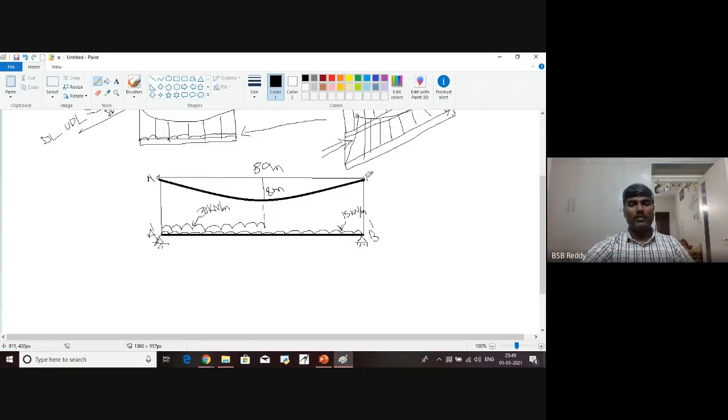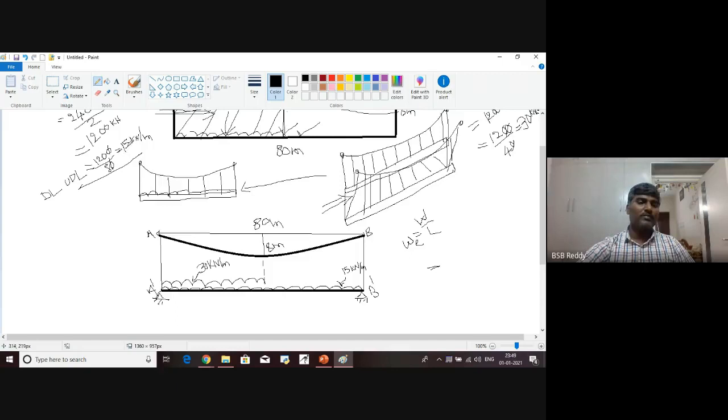As this is not a two hinged stiffening girder, you have to calculate the equivalent UDL first to start the solution, right? So what is total W divided by total span? That's it. So what is the total load here? 15 into 80, 1200, and 30 into 40, 1200.